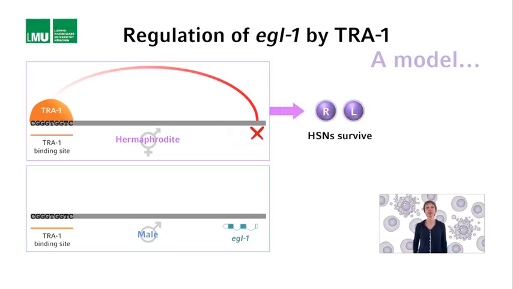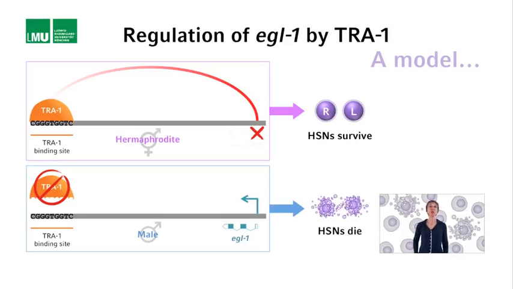In males, the level of TRA1 activity is too low to bind to the TRA1 binding site downstream of the EGA1 transcription unit. Consequently, EGA1 transcription is activated most likely through the action of a HSN-specific transcriptional activator of EGA1. By the way, this HSN-specific activator has so far not been identified.